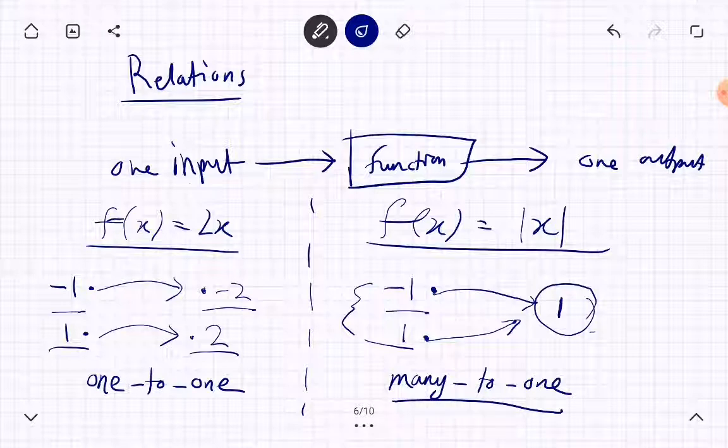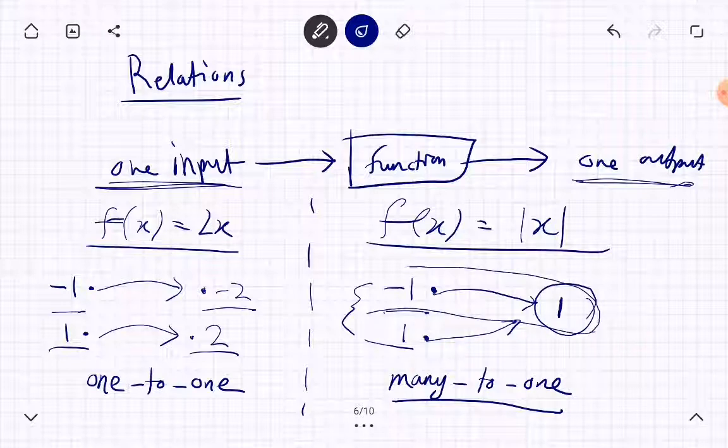So this is also a function, because let's look at each input separately. What we said is that we need to have one input and then you get one output. Let's look at the first relationship, which is putting -1. We have one input here and we get one output. So for each input, we only get one image.